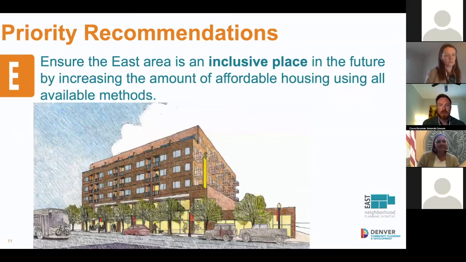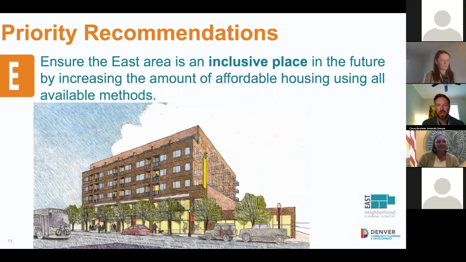Next is similar to that recommendation, but it's actually adding additional housing, so adding more supply of housing than we have today in the East area. Denver is growing, as we all know.